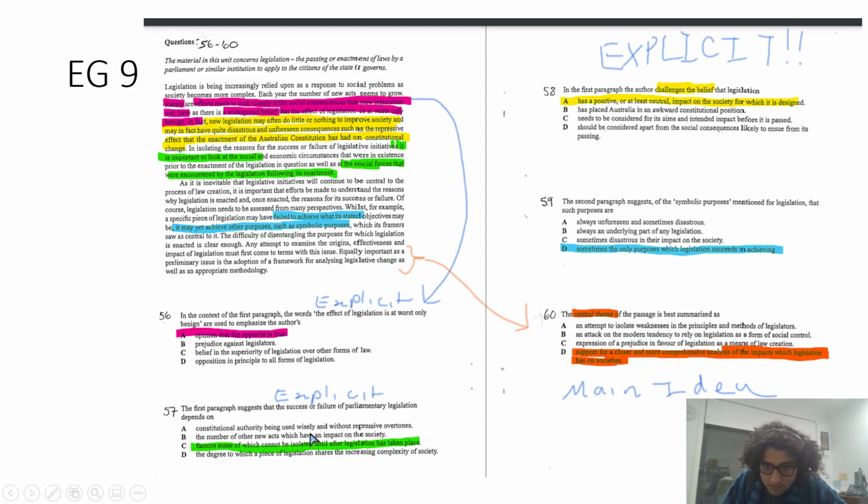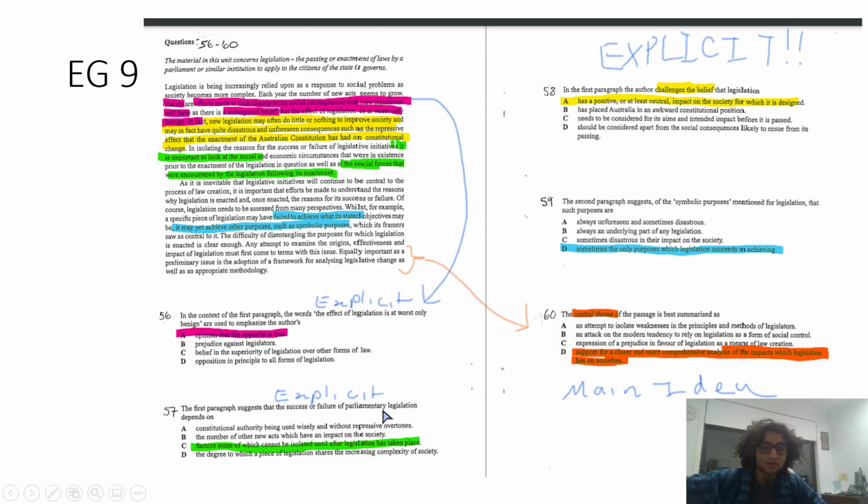The first paragraph suggests that the success or failure of parliamentary legislation depends on A, constitutional authority being used wisely, B, the number of other new acts which have an impact on society, C, factors some of which cannot be isolated until after legislation, D, the degree to which a piece of legislation shares the increasing complexity of society. Okay? A, constitutional authority being used widely and without repressive overtones, doesn't say anything about that.